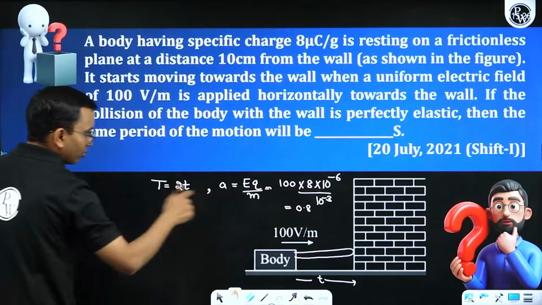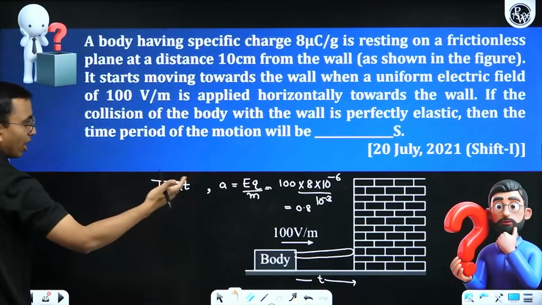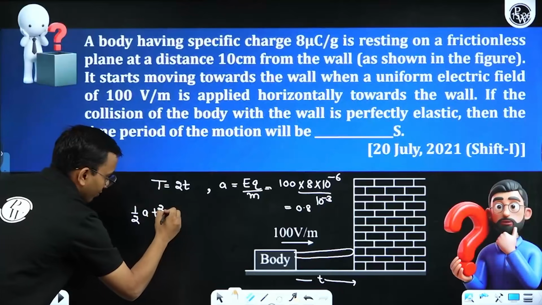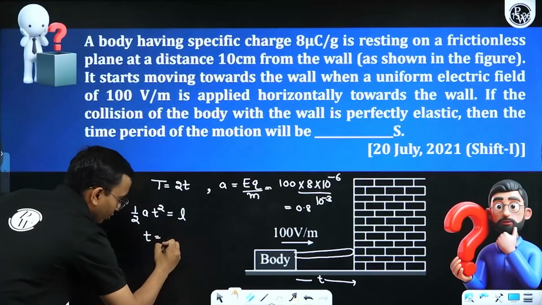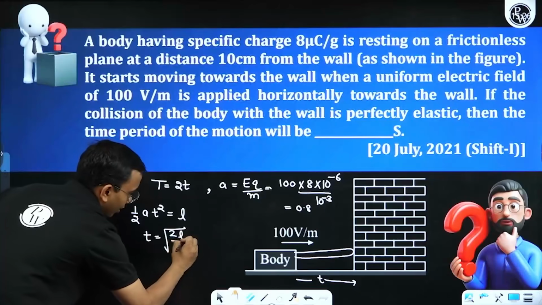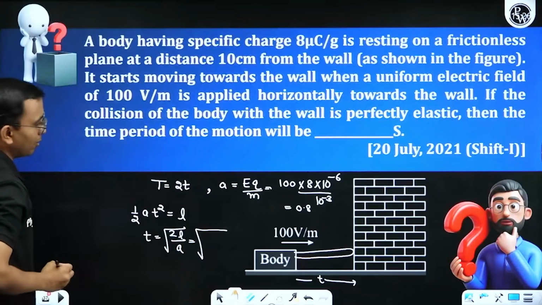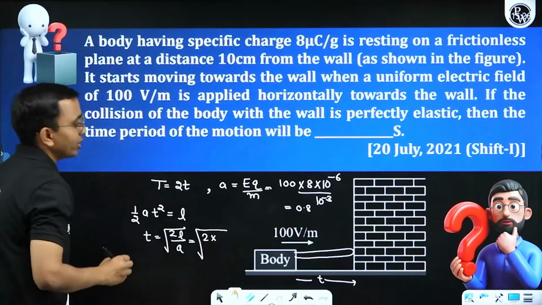So how much time it will take to go and strike, starting from rest? So the distance is equal to half a t square. So half a t square is my distance, let us take that as L. So time is root of 2L by a. So 2 into, what is L?